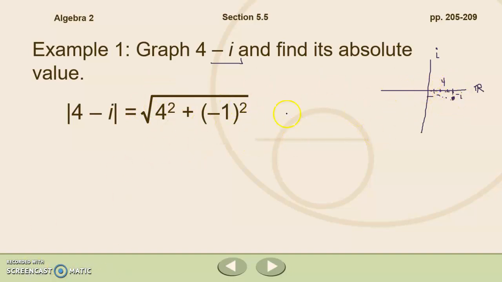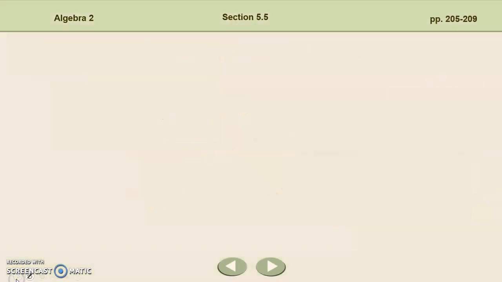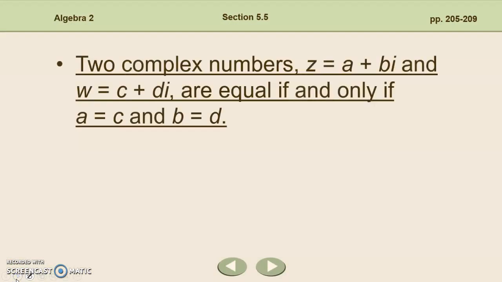And negative i is equal to negative 1. 4 squared is 16, and negative 1 squared is 1. So we end up with the square root of 17. So our absolute value of 4 minus i is the square root of 17. That's also our distance from this point in the complex plane to our origin. Again, that is called the modulus.